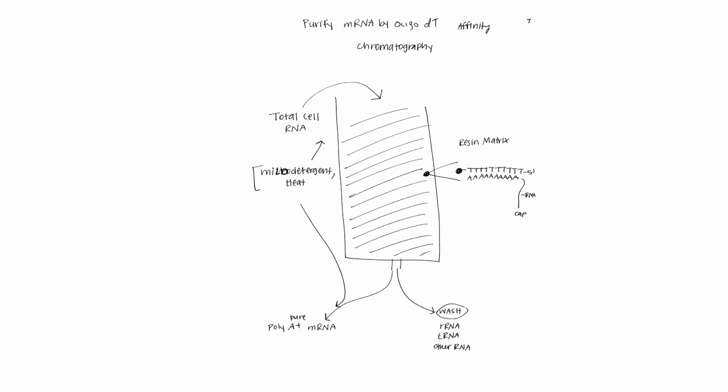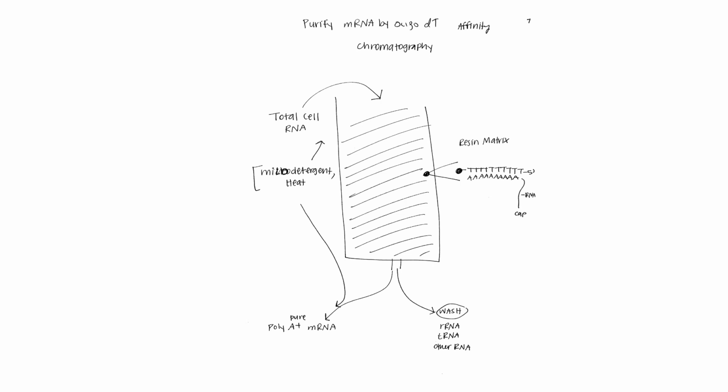And so on the bottom right, I have wash. As you're washing it, RNA comes out. Lots of RNA comes out. All the ribosomal RNA, the transfer RNA, all the other RNA comes out because it doesn't have poly-A. So everything comes out, and you can monitor that, and you can see a lot of RNA coming out, and then eventually you see no RNA coming out.